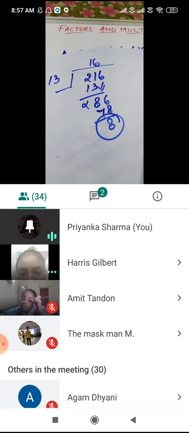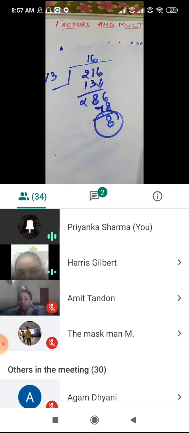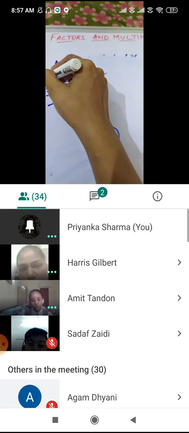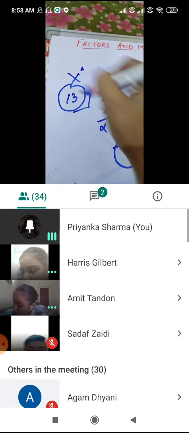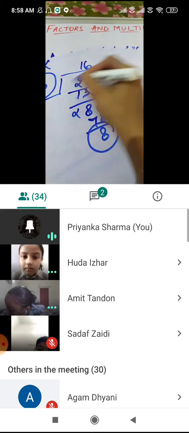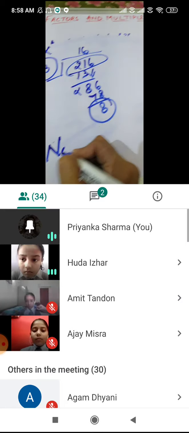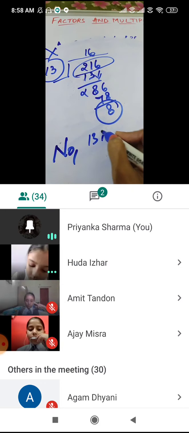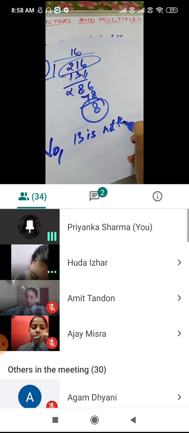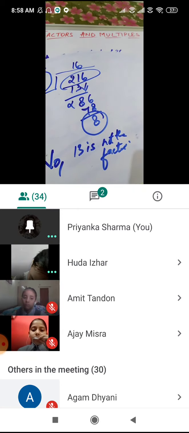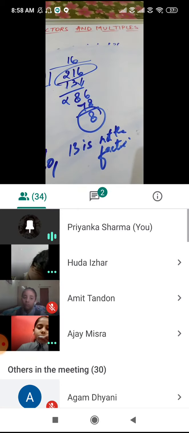So will 13 be the factor of 216? Yes, very good. 13 is not the factor of 216. So we will write, no, 13 is not the factor. Clear?